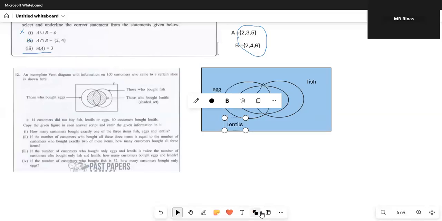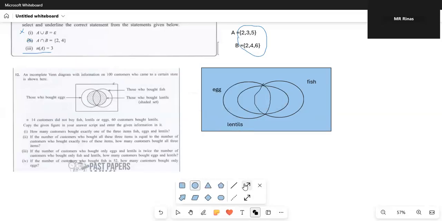So the circle in between is only representing lentils, and this circle represents egg. This circle represents fish. Okay, so now we'll go to the question.